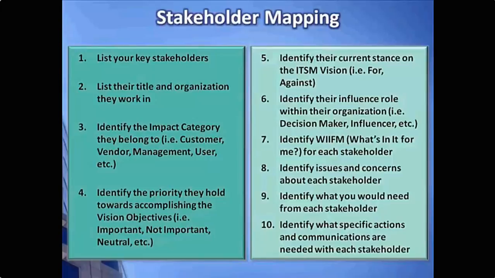How do they feel about this? Are they for or against it? Are they neutral? What's their influence in the organization? Is this a decision maker, an influencer? Are they a non-influencer? Maybe you don't care what they think. Maybe they're not that important. Again, you want to get a reading as to where they sit with that.